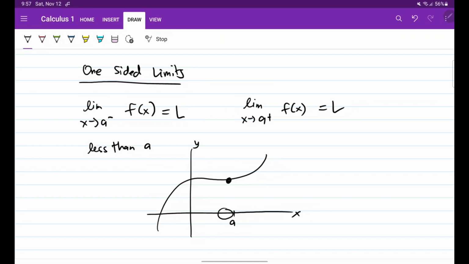And pag sinabi natin na from the right, this is greater than A. So, lahat ng values na nandito. And they approach a certain value A. Okay? And tinitignan natin kung anong certain value yung ina-approach nila.